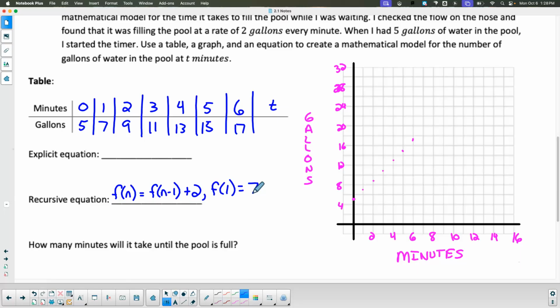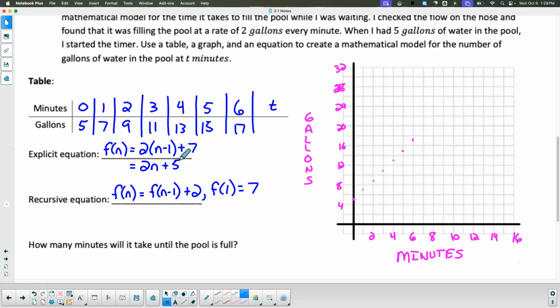Yes? Okay. Explicit equation: f of n equals 2 times the quantity n minus 1 plus 7, or 2n plus 5. Right? Okay?